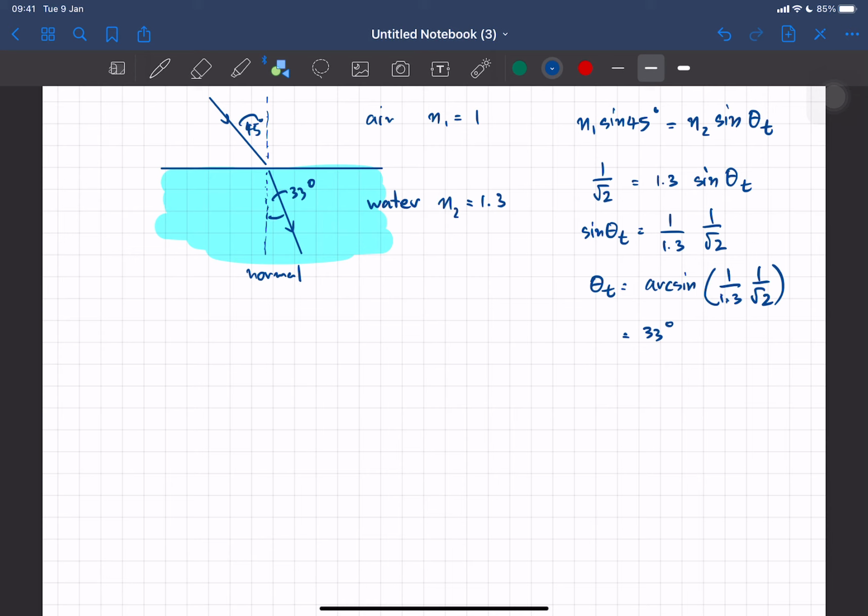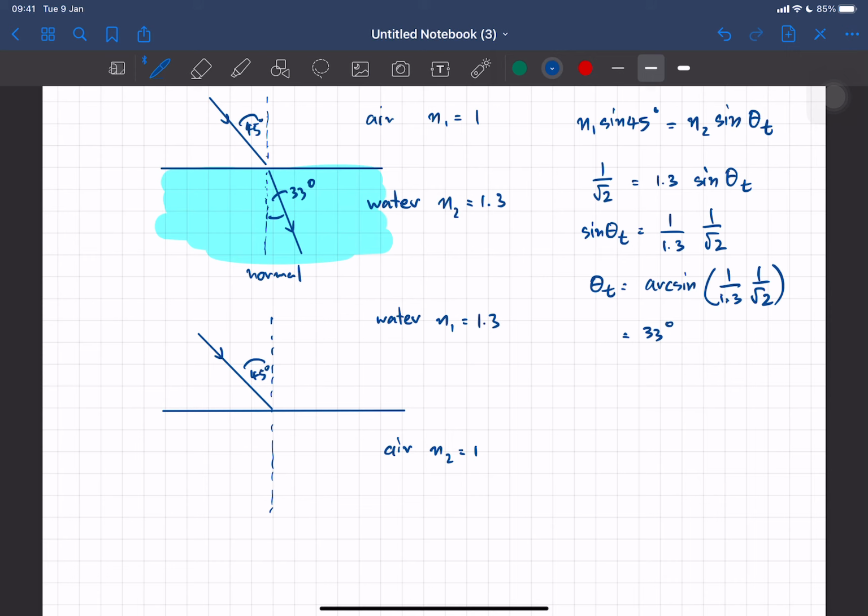Then we can reuse Snell's law, but n1 and n2 now exchange in terms of the definition. So let's say we have water, which is n1, because that's where we start off, 1.3, and then we have air, which is n2 equal to 1. And the light, let's say, also comes in with the angle of 45 degrees. So this is 45 degrees.